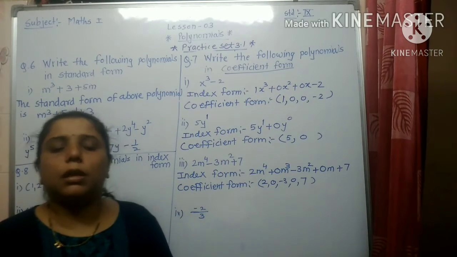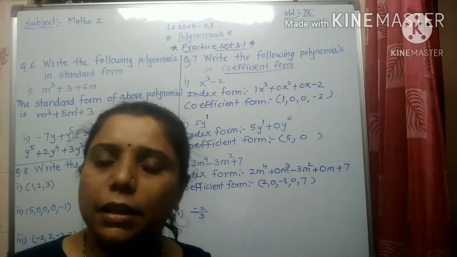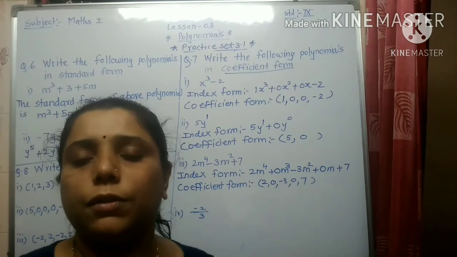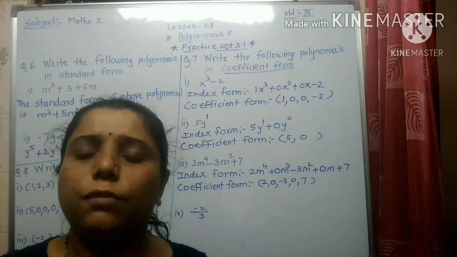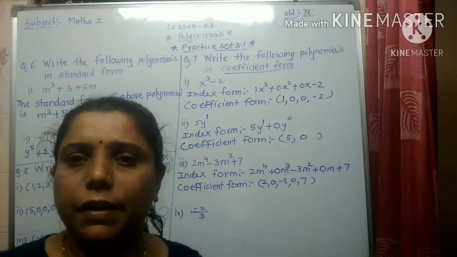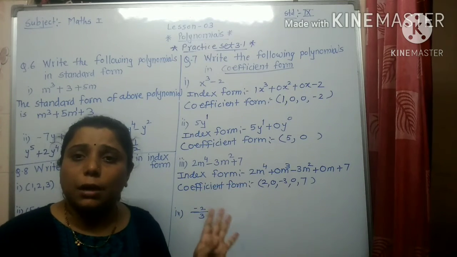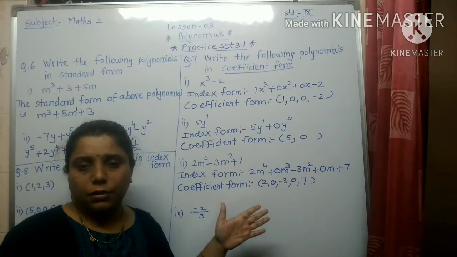If in the polynomial no missing terms are there, all the terms are present in the polynomial, of course in the descending order of the degree of the variable, whichever it is there, you can continue. But it is not the compulsion for each and every polynomial, the index form is important.